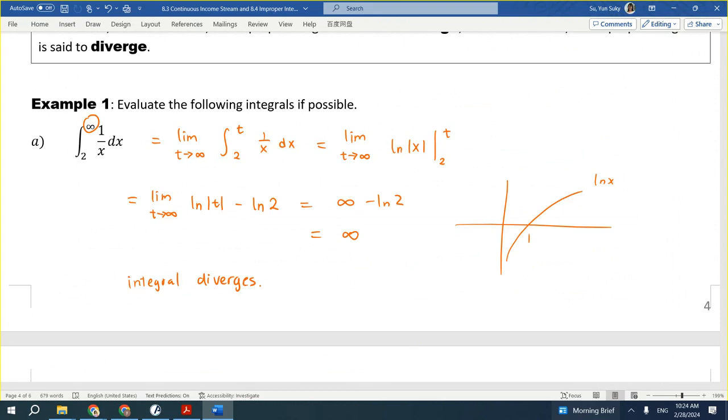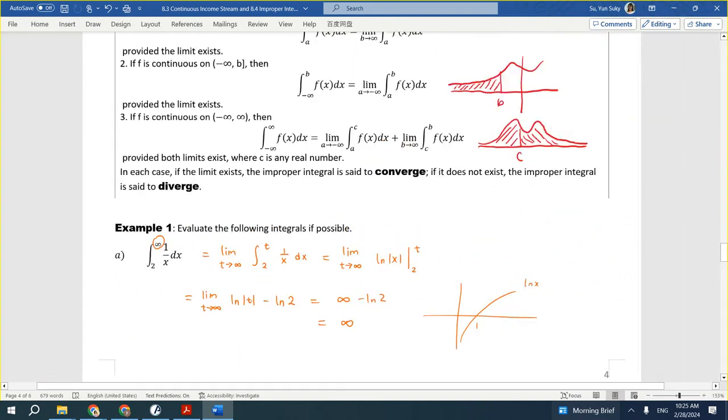If you get the integral is a finite number, then we say the integral converges to that number. Is that clear, everybody? So you see, this is a good example.